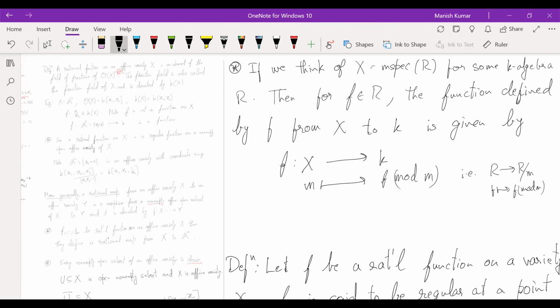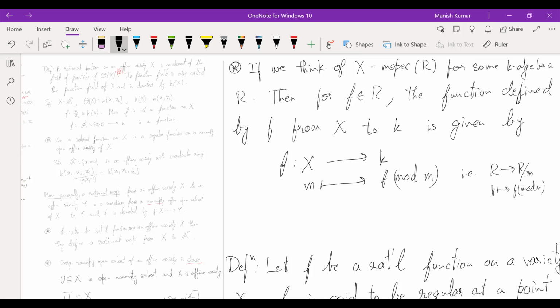So if you are thinking in terms of maximal ideals, X. So the advantage of thinking this way is that the map becomes easier to think about. This is how you would want to translate from algebra to geometry and vice versa. So you should think of X both in terms of maximal ideals as well as points.